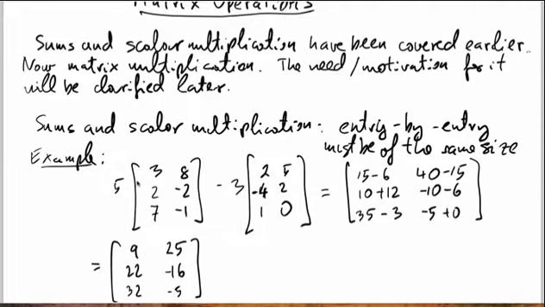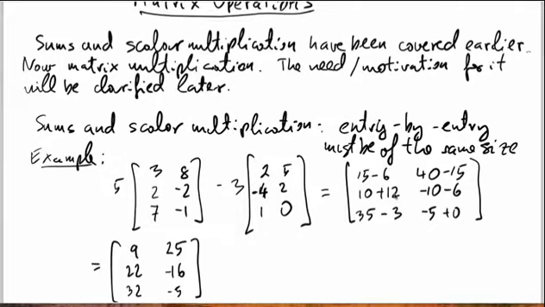So everything is done entry by entry. We scalar multiply the 1 entry, 5 times 3, 15, and then we subtract from this the other 1 entry from the other matrix, which is 3 by 2, so we subtract 6. Similarly, the 2 entry, 5 times 2, 10, minus 3 times minus 4 is plus 12.